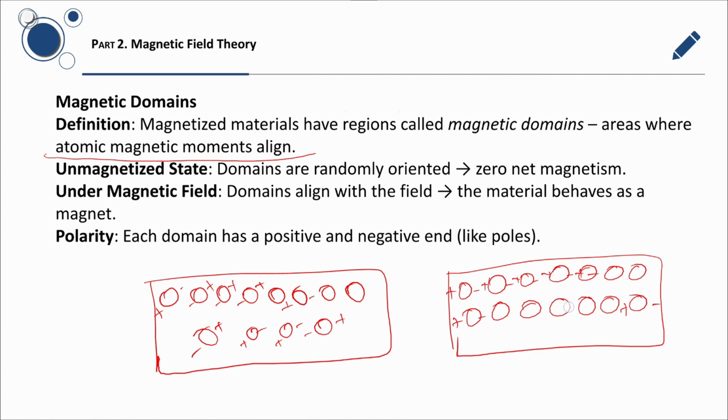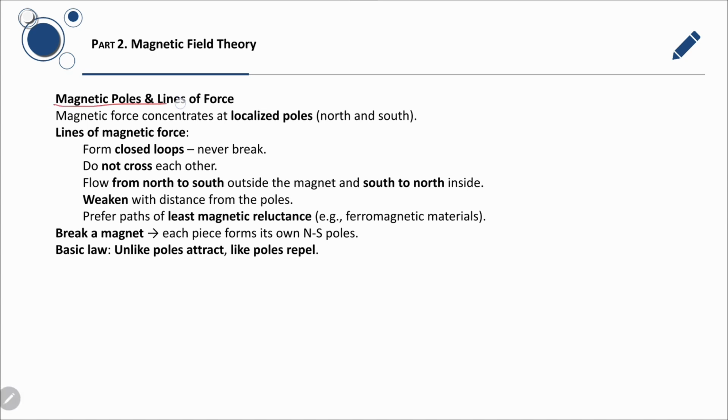Next, let's discuss magnetic poles and lines of force, which describe how magnetic energy behaves. Magnetic force is strongest at the poles. The localized poles are the north and south ends. The magnetic lines of force are always closed loops.